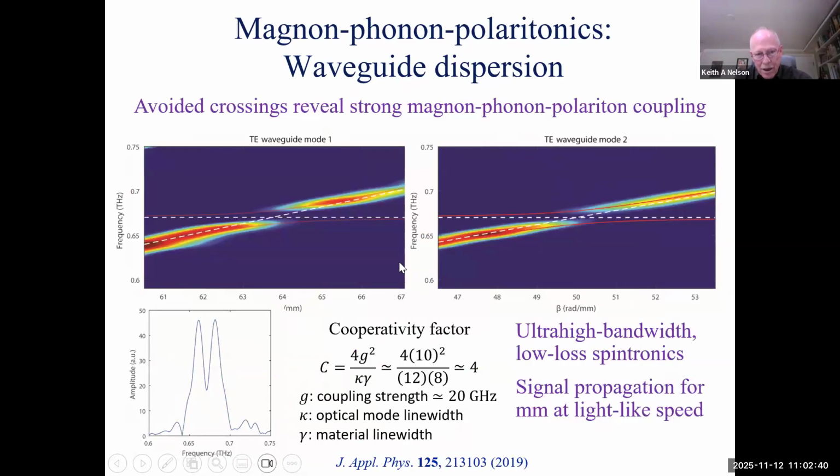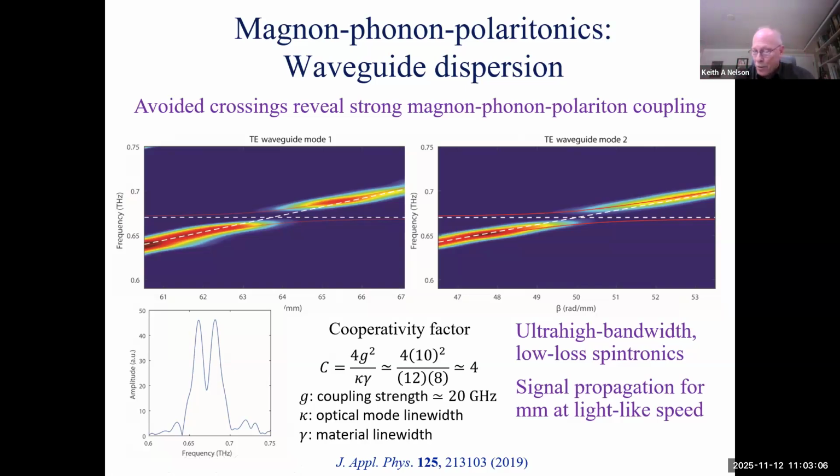If we do that, what we see is that this dashed line is just the normal magnon frequency. It shouldn't have any dispersion. And this is the dispersive terahertz frequency as a function of wave vector, right? As the wavelength changes, of course, the frequency changes.